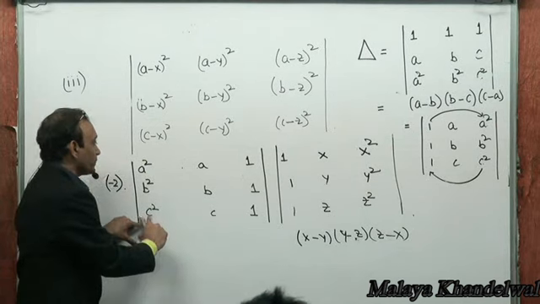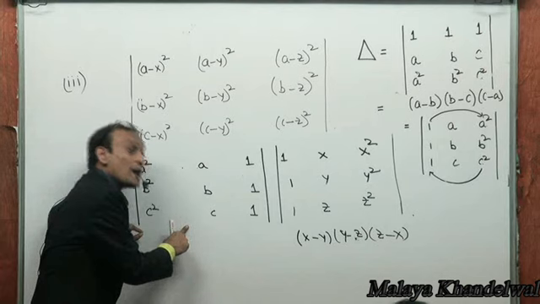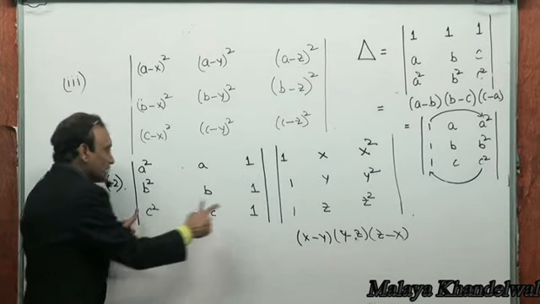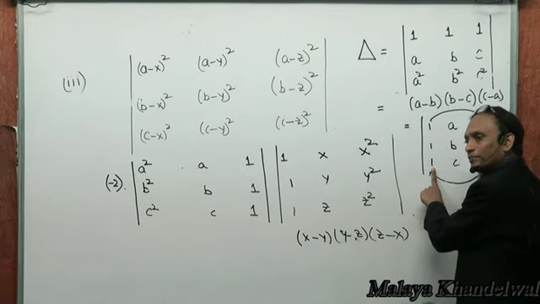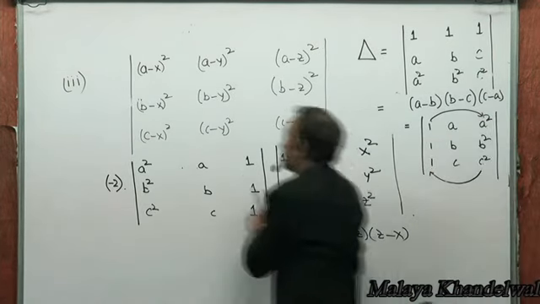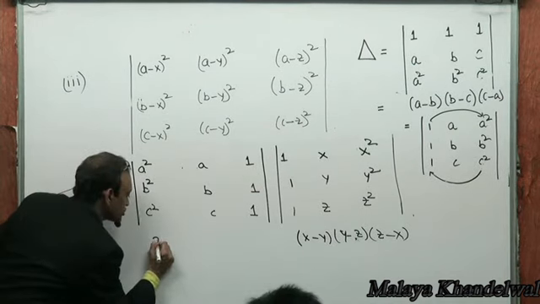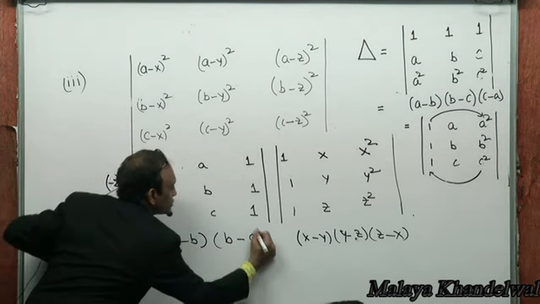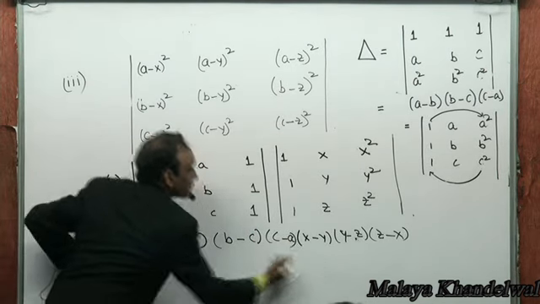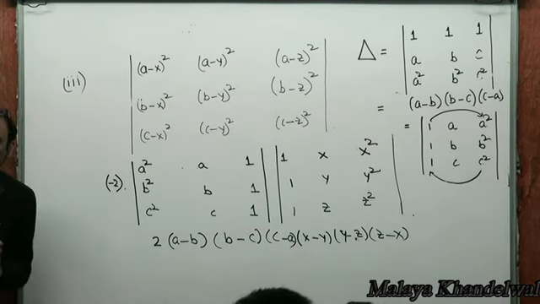So this would be (a minus b) into (b minus c) into (c minus a), but with a minus sign, because this can be obtained from this by interchanging the first and the third column of this, right? So then a minus would emerge, causing this to be plus. So this is going to be twice (a minus b) into (b minus c) into (c minus a). That's the value of this determinant. Are you all fine with this?